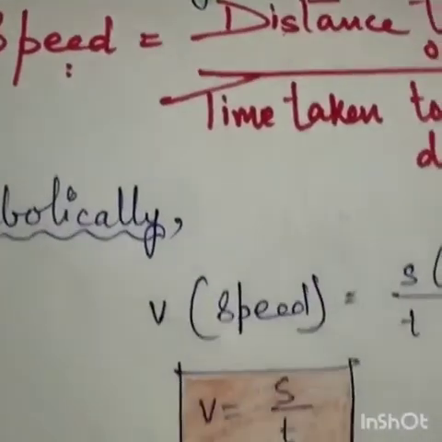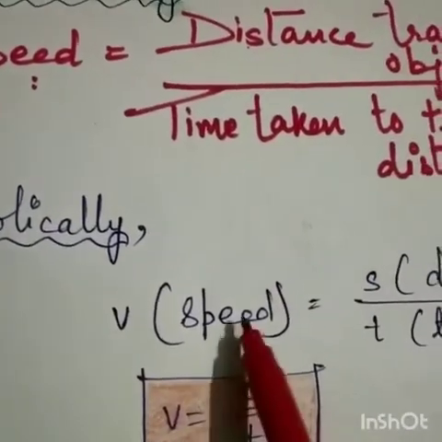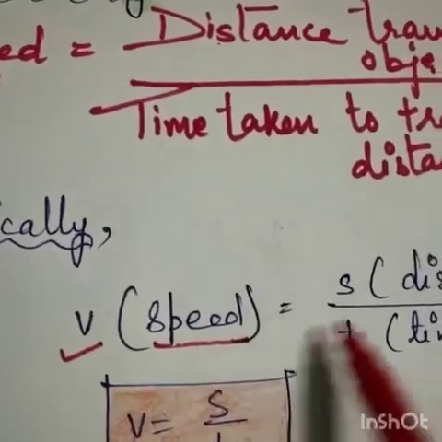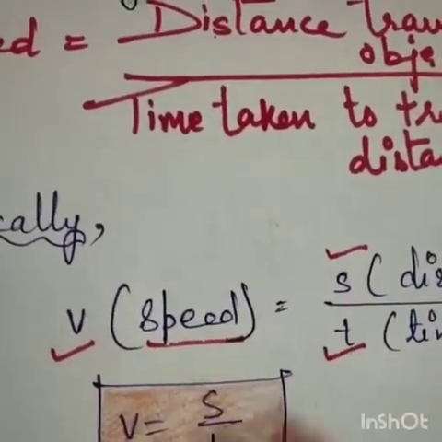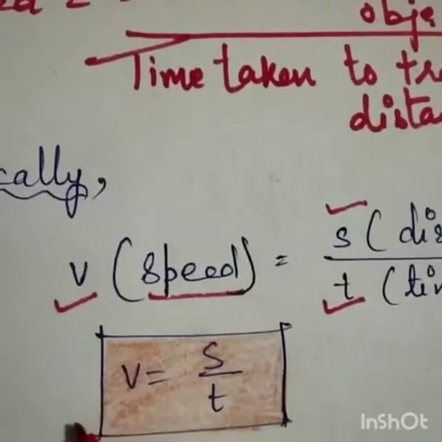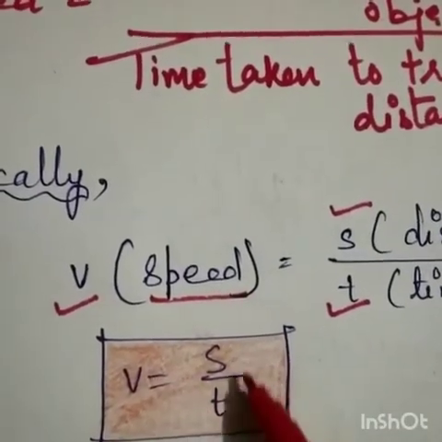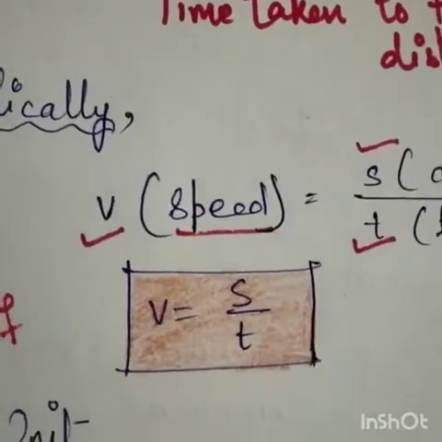Symbolically, speed is denoted by v, distance by s, and time by t. So we get a formula, v is equal to s upon t.